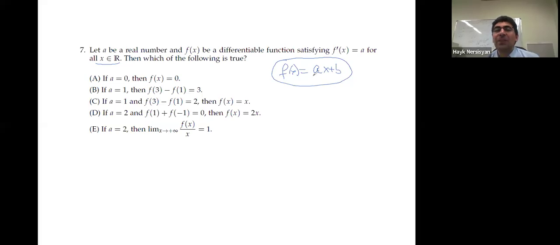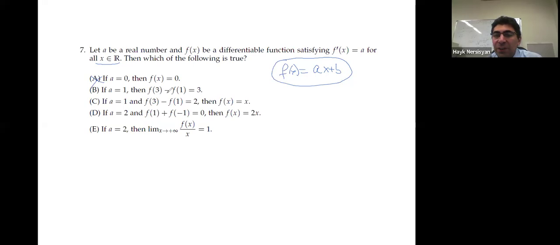Now, knowing that function f is a linear function, if a equals 0, can we say that the function is 0? Nope, the function is constant, not 0. A equals 1. Can we say f(3) minus f(1) equals 3? Let's check. When a equals 1, our function is x plus b.